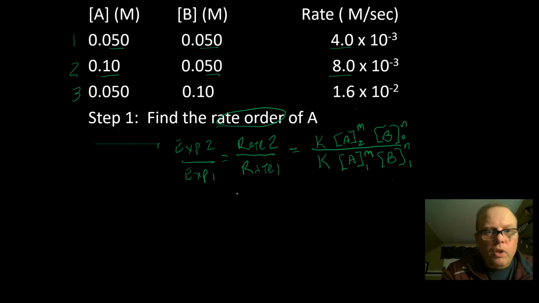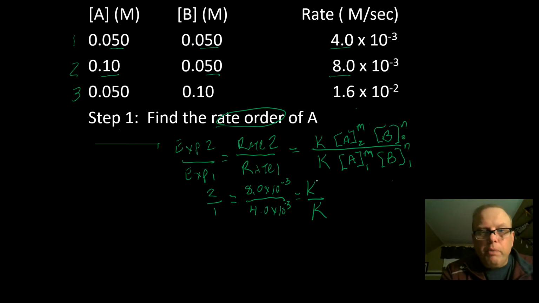All right. So now we have experiment 2 over experiment 1 equal to the rate of 2, which is 8.0 times 10 to the negative third, divided by 4.0 times 10 to the negative third, that is the rate for the first experiment, equal to K over K. Now we don't know what K is here, but we're okay because K is going to cancel out. Anything written above itself always cancels out.